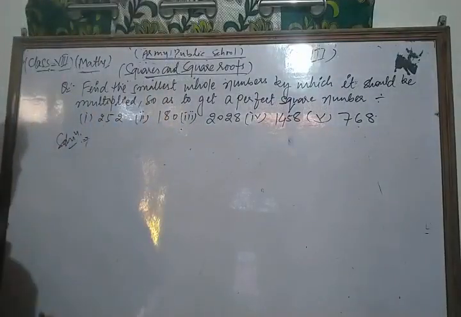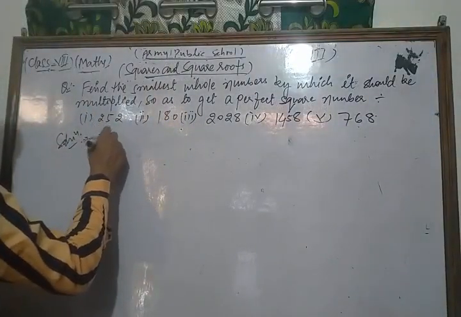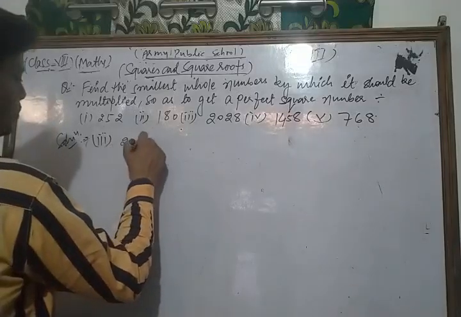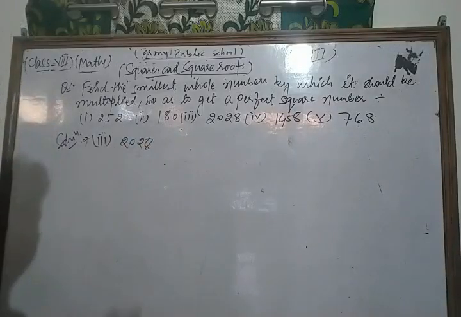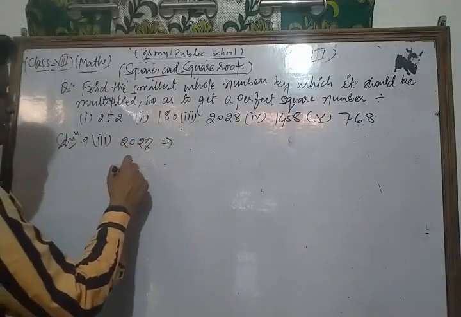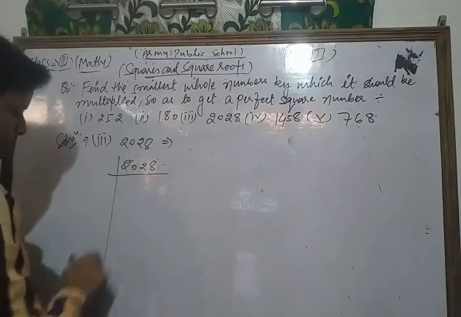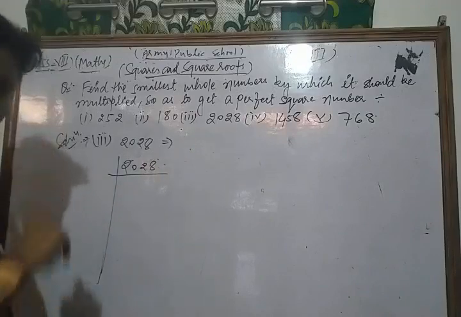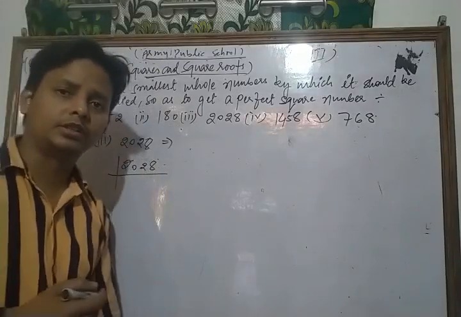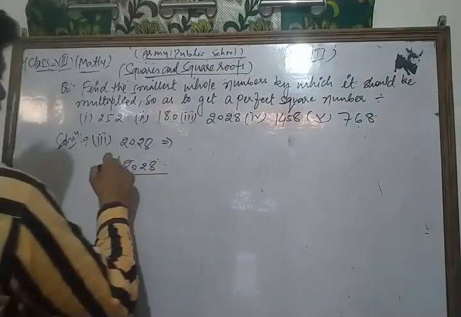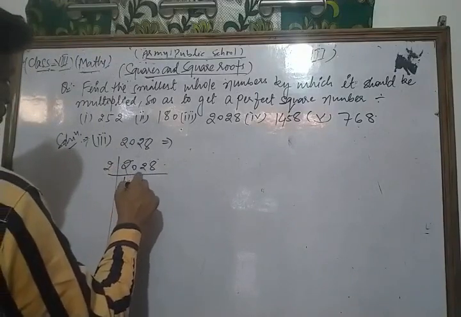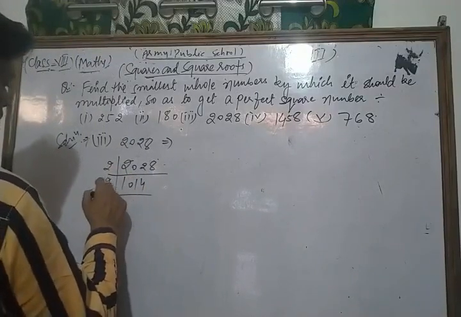Now we take and solve the third part of this question, which is 2028. Similarly, first of all we do its prime factorization. Let's see, 2028. By 2, again by 2, 2 fives are 10.